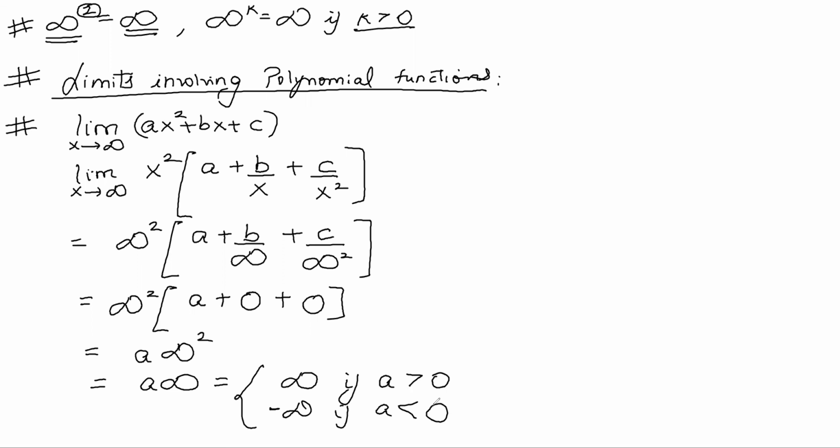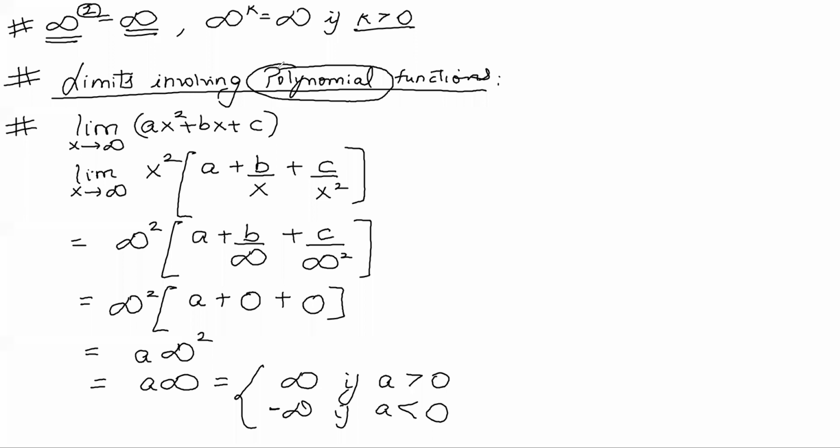So I hope all students have understood the procedure we have used. In every question where you have a polynomial and they are asking you to evaluate the limit as x tends to infinity, this is the procedure you will be adopting.